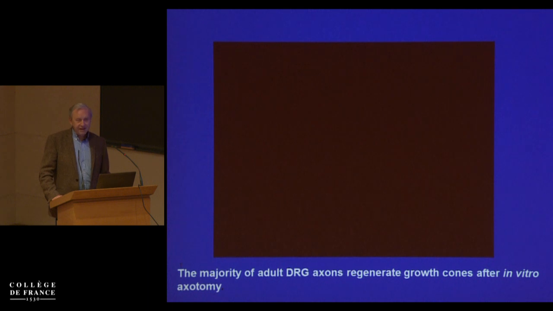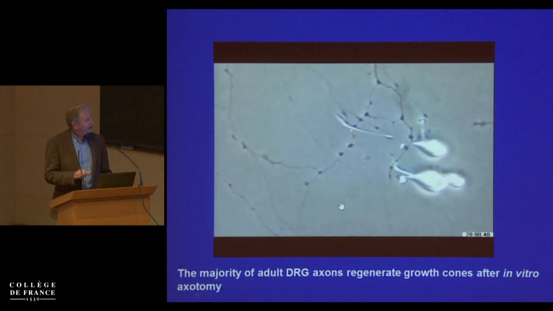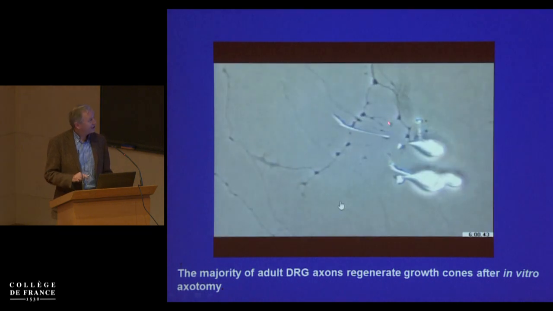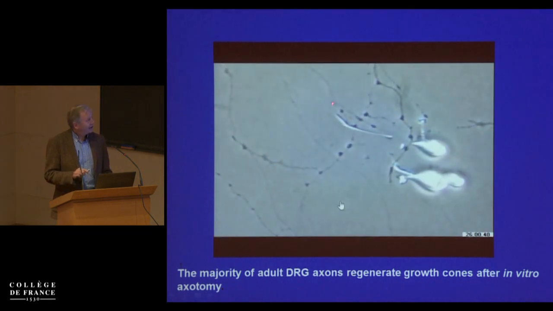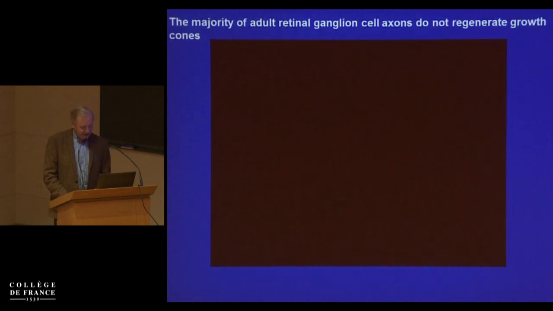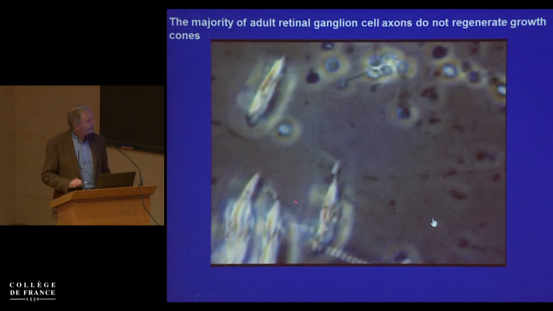We also see in a similar assay a difference between sensory axons, peripheral axons. Here it's been cut. There is the almost immediate regeneration of the axon. That's so quick, I'll show you again. So sensory axons regenerate very efficiently. But if we look at an adult CNS axon from the retina, we see something very similar to what I showed you before.